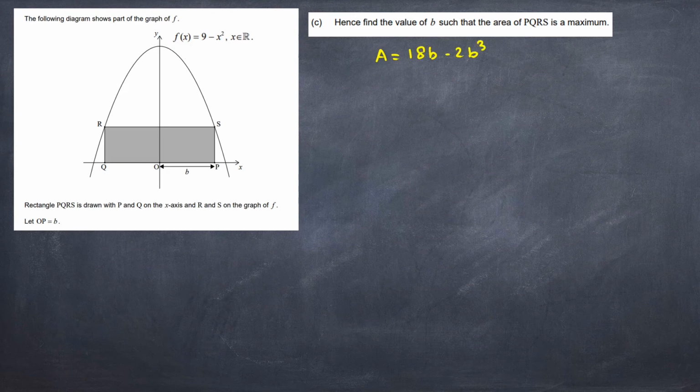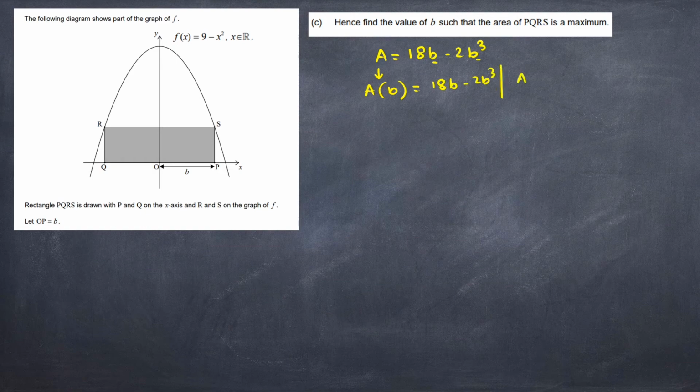To find the maximum, we need the extreme points or the critical points of this function. We can write it as A of B because the independent variable is B. So A of B equals 18B minus 2B cube.